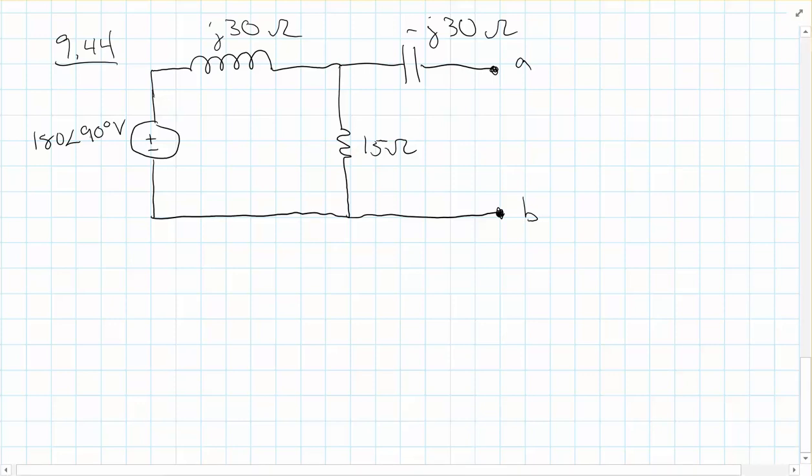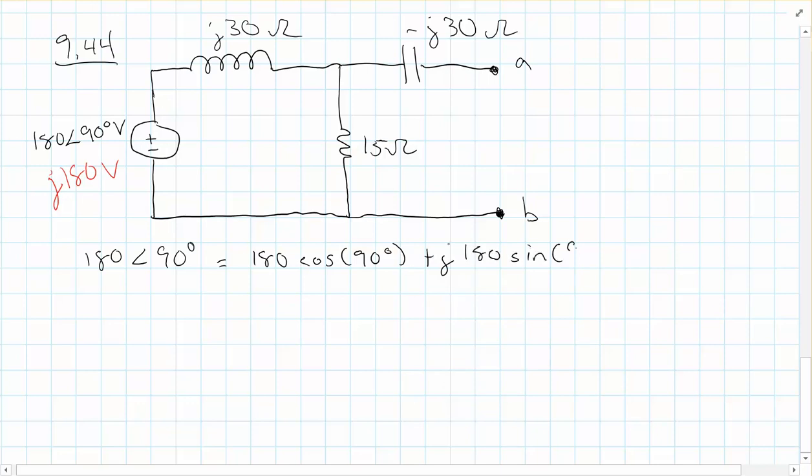So 100 at an angle of 90 degrees volts is what the voltage is here. So that would be j180 volts. Again, if you can't remember how to do those in your head, remember that 180 at an angle of 90 degrees is equal to 180 times the cosine of 90 degrees plus j times 180 sine of 90 degrees.